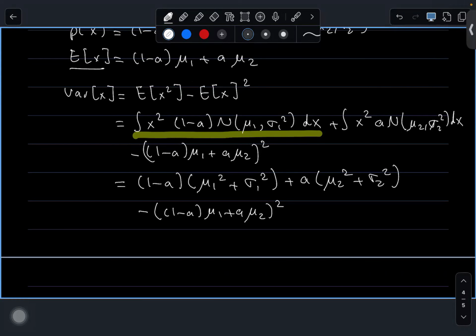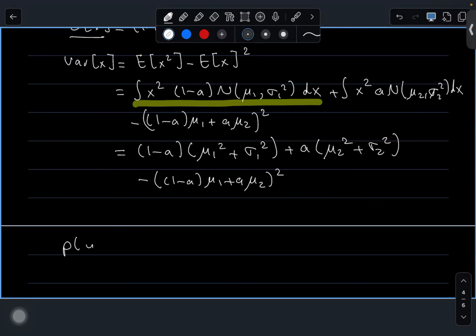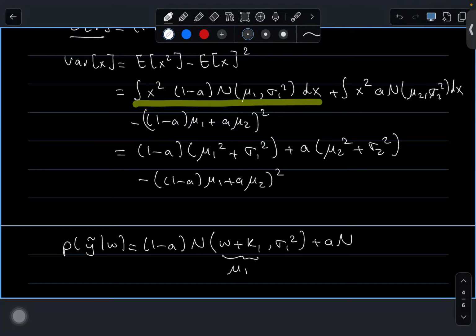Okay, so then the probability of my error given W is just 1 minus a times a normal with mean W plus K1 and variance sigma 1 squared, this is mu 1, plus a times a normal with mean W plus K2 and variance sigma 2 squared, this is mu 2.